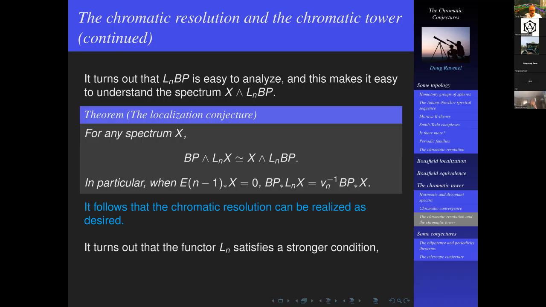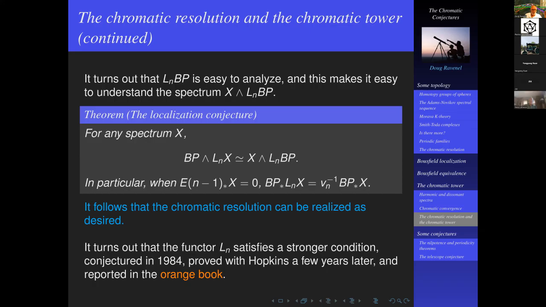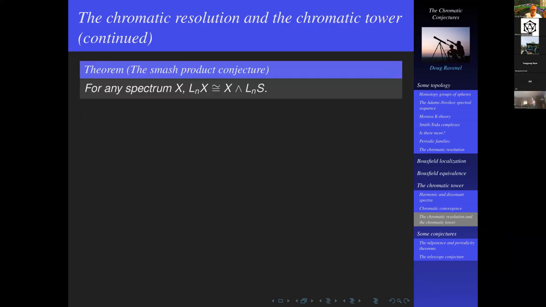Now, it turns out that this functor L_n satisfies a much stronger condition, which Yuri Salima obliged by illustrating with a cartoon. So this was conjectured in 1984 and proved by Hopkins and me a few years later, and the proof is in the Orange Book.